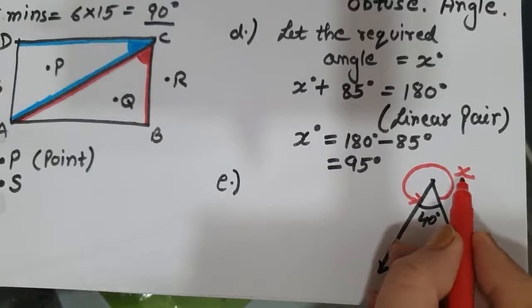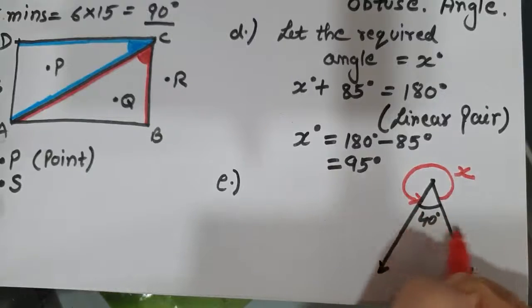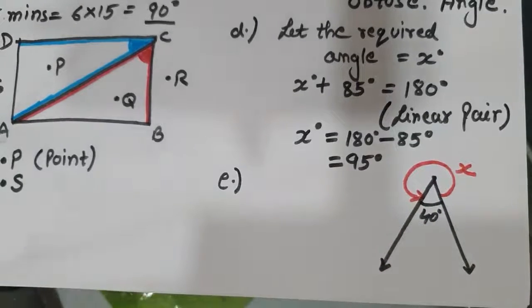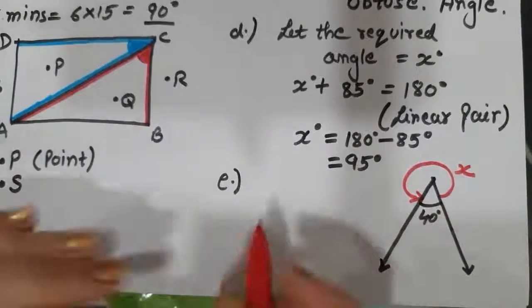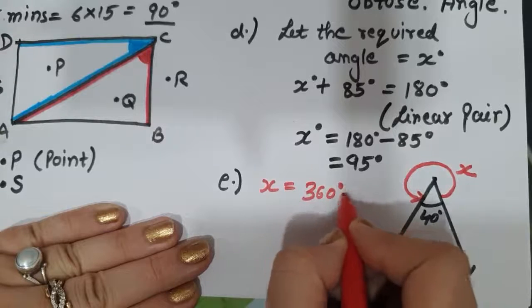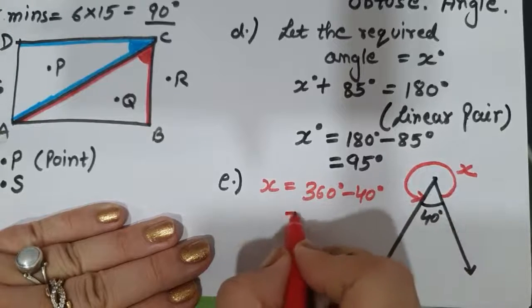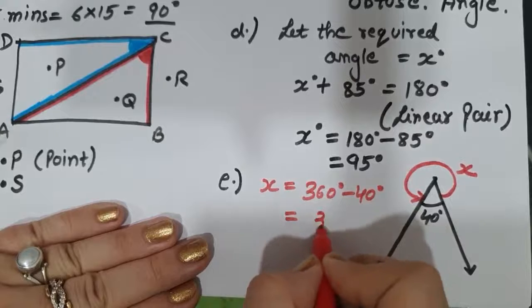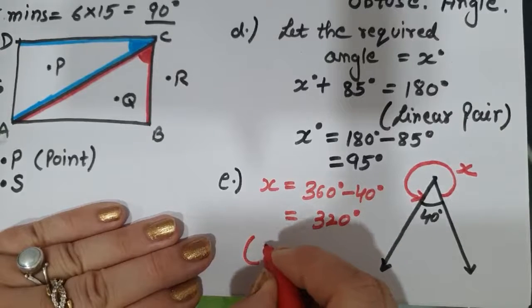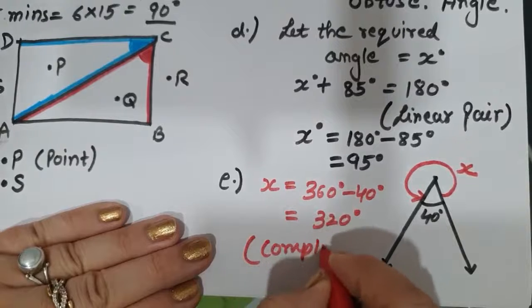Now I can see x plus 40 together make a complete circle. That will be a complete angle which will be equal to 360 degrees. So if we want to find the value of x, I can say x is equal to 360 degrees minus 40 degrees, which is equal to 320 degrees, because it forms a complete angle.